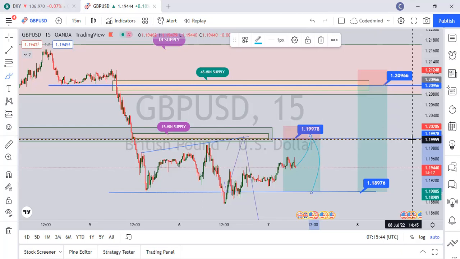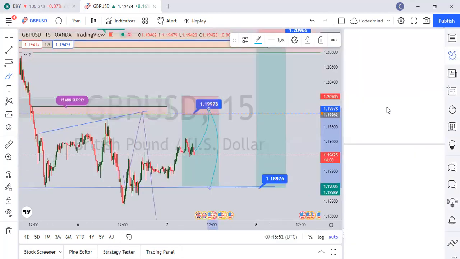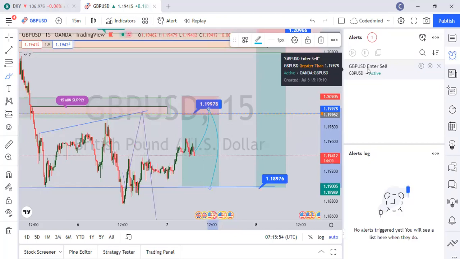Now I've set an alarm. I'm using the premium TradingView, so I've set my alerts. Once price gets there, as you can see, the alert is very active. I'll get the push notification on my phone as well as my email, so I can make my entry once I've seen a confirmation that I can take the sell.